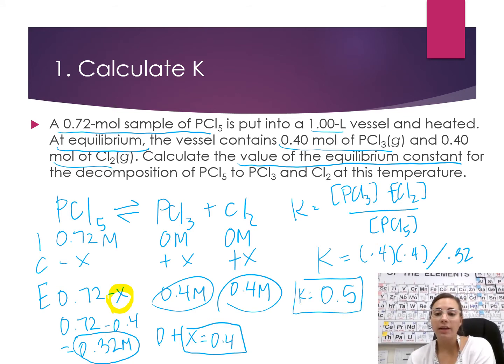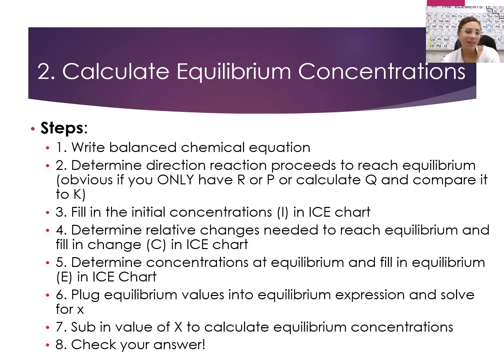So I calculated my equilibrium constant starting with an initial concentration, and then I was given some equilibrium concentrations. So now, the next type of calculation, we're going to be given initial concentrations, and we're going to be given the K value. And we have to solve for the equilibrium concentrations.